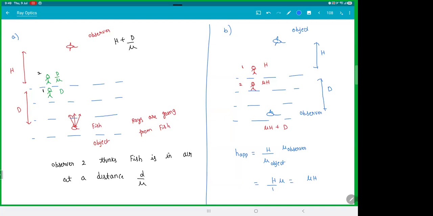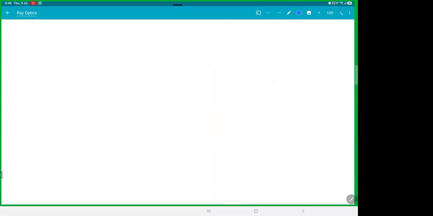Let's start off. Let's see one more. This is another standard model. Let's say we have a concave mirror, and this is filled with liquid, refractive index mu.